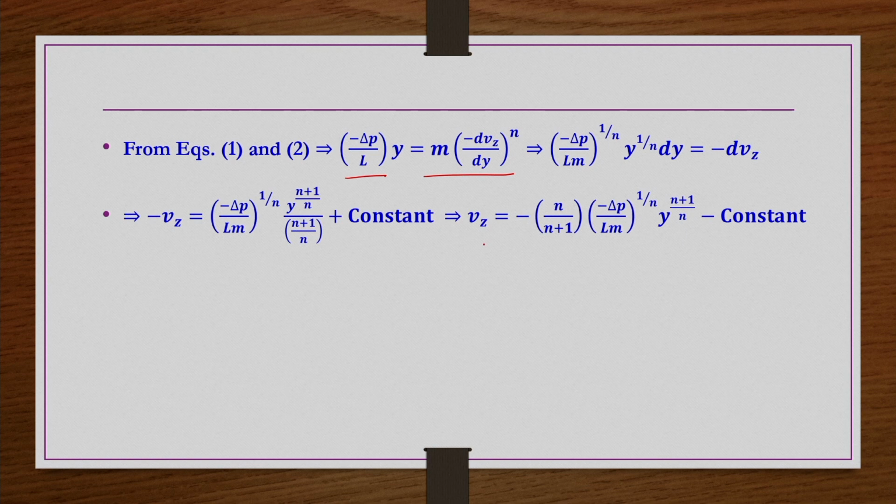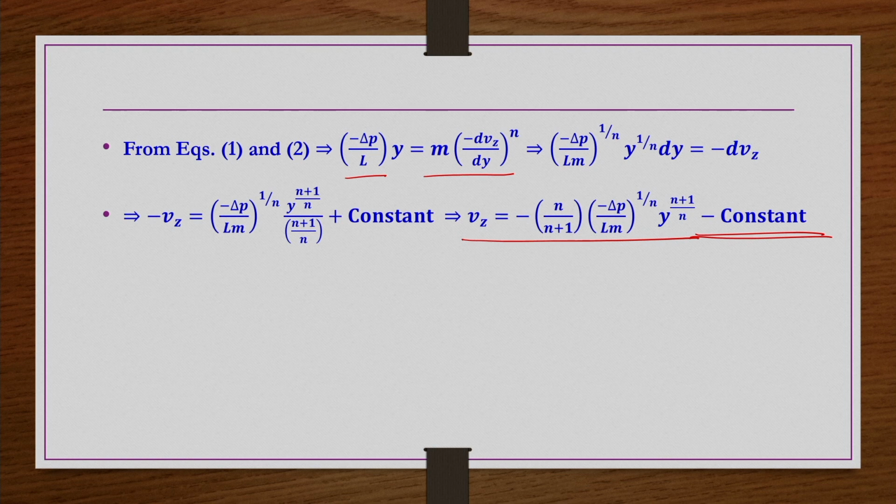Next step, we multiply both sides by minus, so that we get vz equals minus of n by n plus 1, minus delta p by L m, whole power 1 by n, y power n plus 1 by n, minus constant. Now, this constant we have to obtain. How do we obtain it?